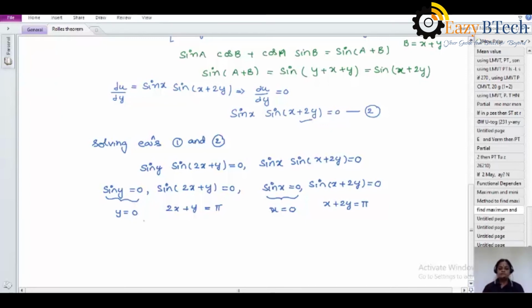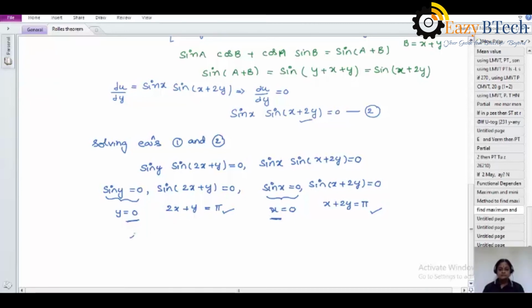So first we are taking the value for the 0 term as pi here, so 2x plus y is equal to pi and x plus 2y is equal to pi. So coming to these two values, y is equal to 0 and x is equal to 0, this one becomes one extreme point here.